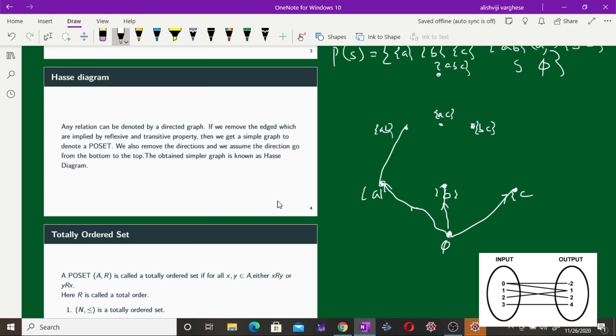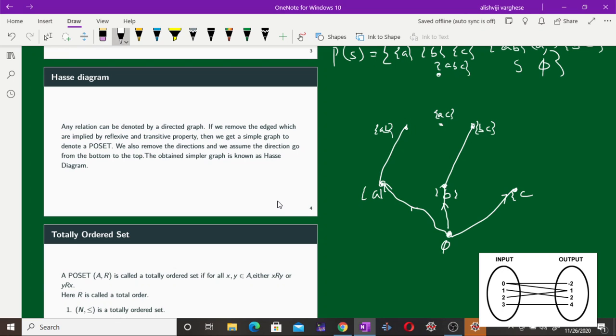So we can ignore the edges which are implied by the transitive property. So phi is a subset of B and B is a subset of BC, so phi is a subset of BC. That is obvious, so we can exclude that particular edge from phi to BC.